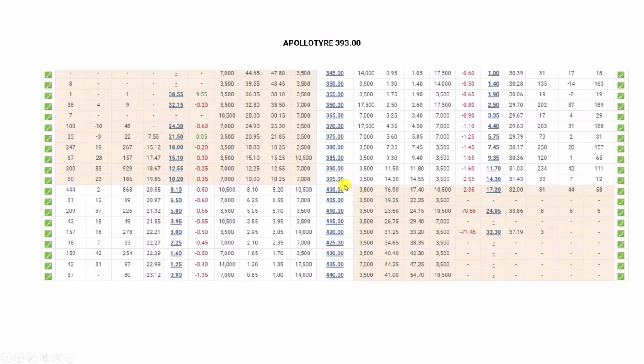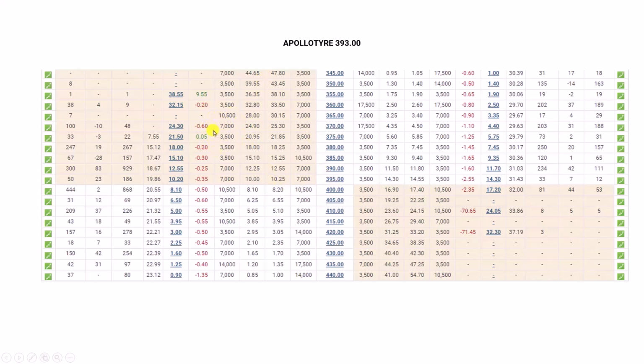Now, if tomorrow the price goes to 410, then 410 becomes the spot price. Okay, if tomorrow let us say that from 393 the price goes to 410, then tomorrow the spot price will be 410. Okay, now according to 393, this is the ATM, and everything below 393 is in the money.